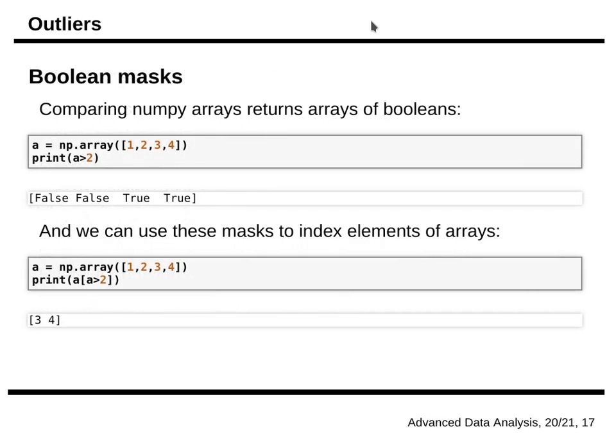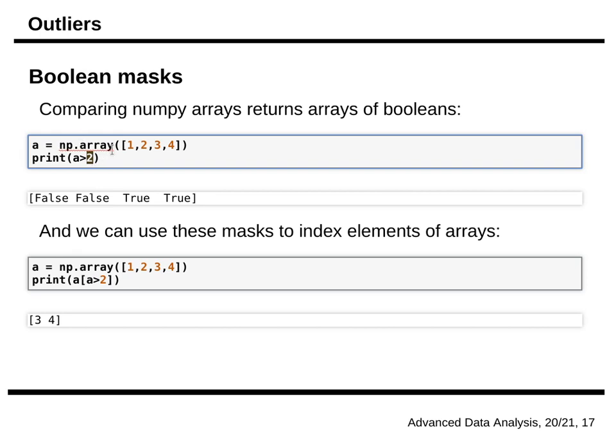So let's first look at this idea of using Boolean masks. We want to go through our data and mark everything that is an outlier. We can easily do that with NumPy because we can compare a set of values to some particular value.